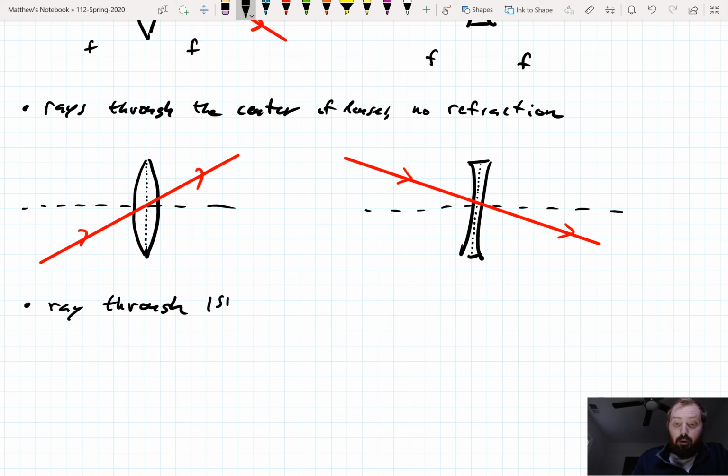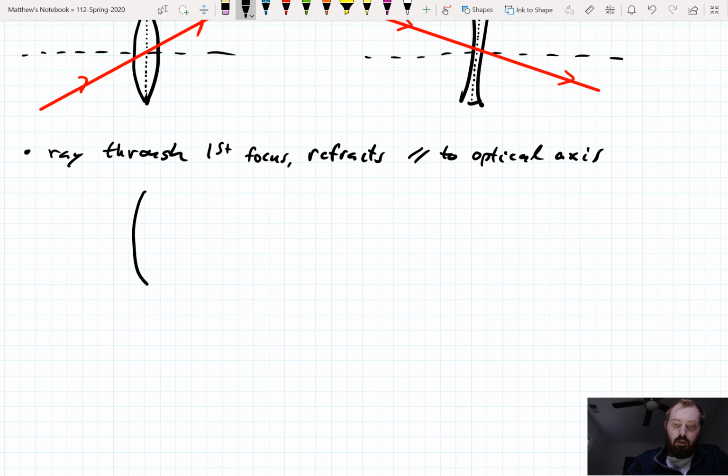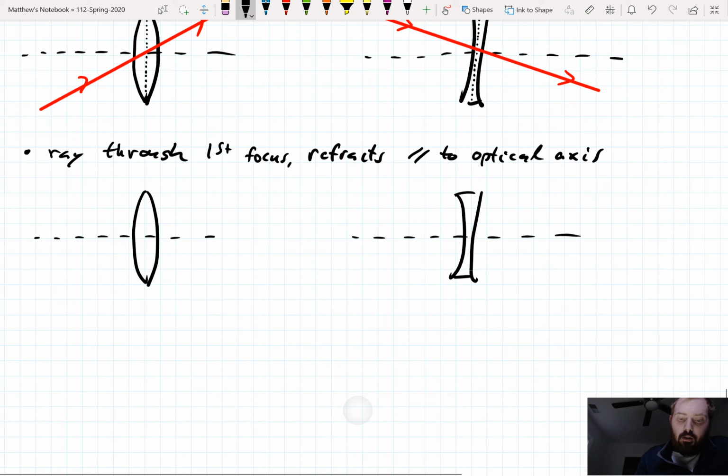So a ray through the first focal length. And it's basically the inverse of the first principal ray. Focus, focus, focus, focus.